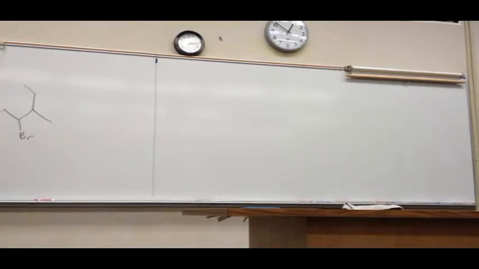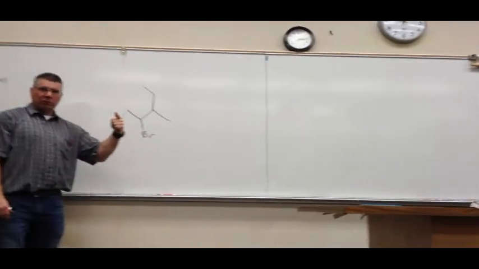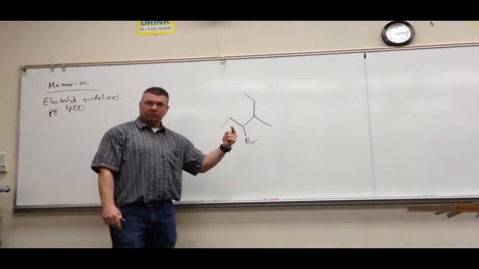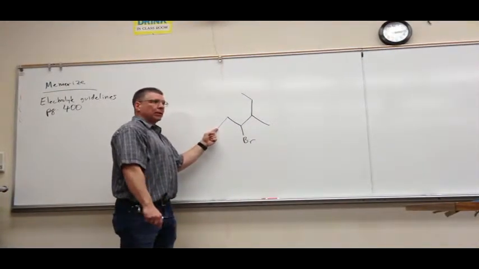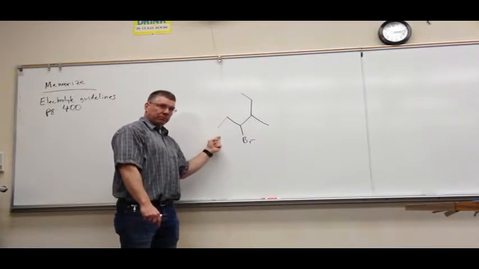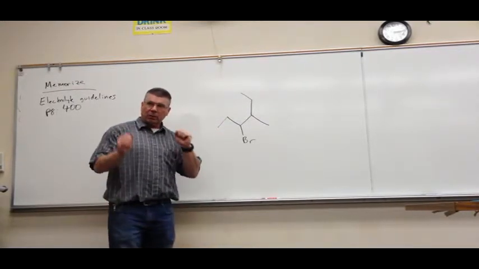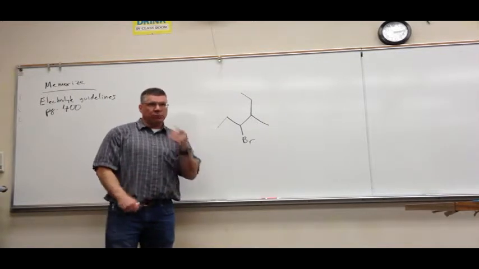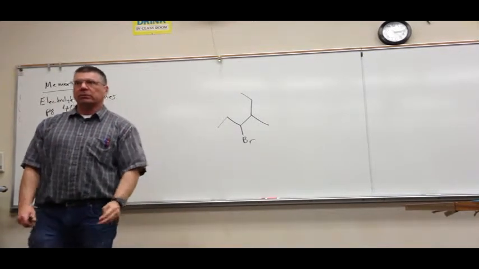So any bonds that you don't see, you have to assume are hydrogens. Like this carbon here has only 1 bond, so there's 3 hydrogens on it. So which, if any, of these carbons has 4 different groups and thus is a chiral center?